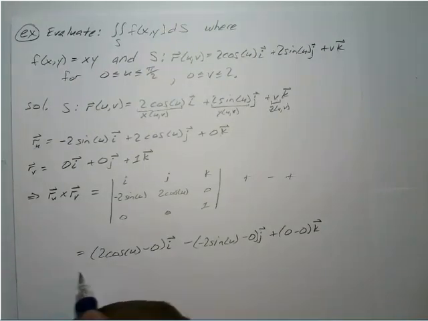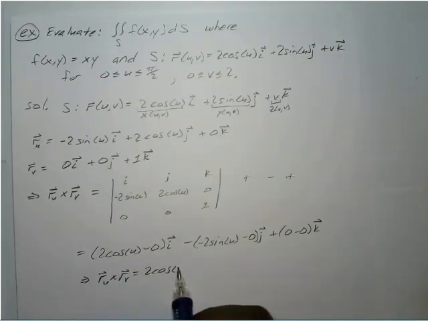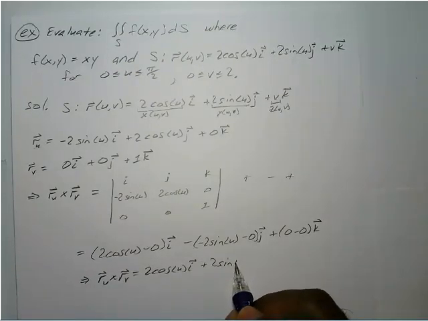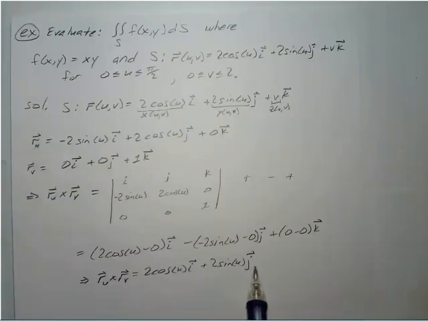Okay, so we know that our cross product is equal to 2 cosine U times the I unit vector plus 2 sine U times the J unit vector. Okay. You don't have to put the K since it's 0K, and I'll show you why.